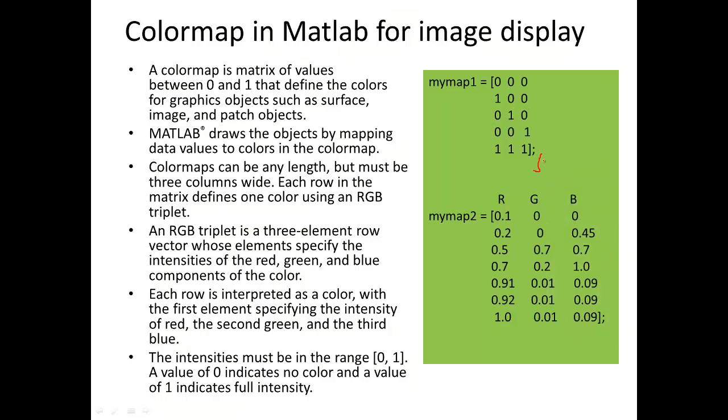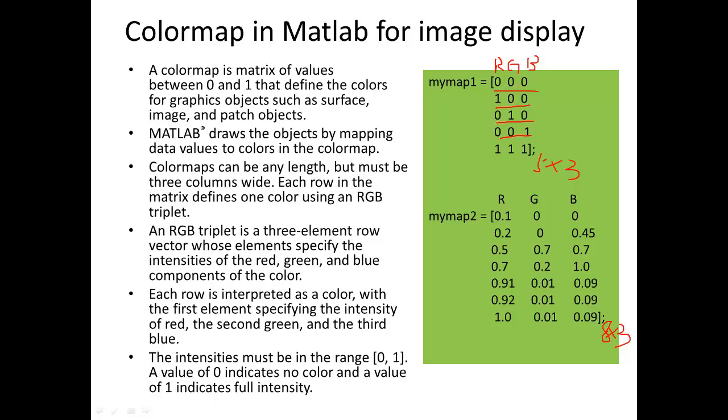It's 5 by 3. Another color map is 1, 2, 3, 4, 5, 6, 7, 8. It's an 8 by 3 matrix. What do these 3 numbers mean? You guys already guessed. The first one means R, the second one means G, the third one means B.